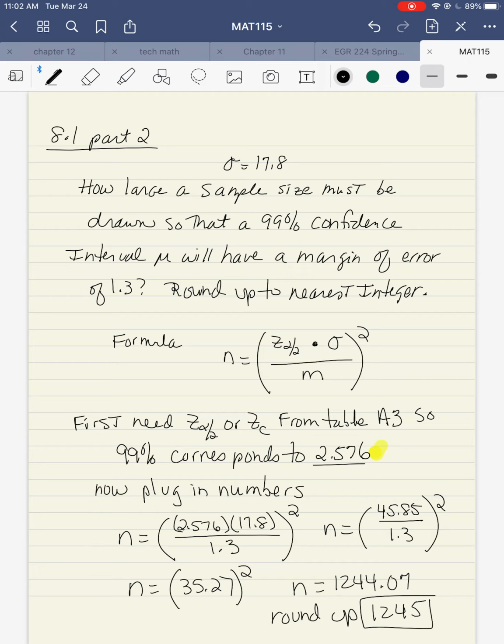When I do 45.85 divided by 1.3, I get 35.27. So I take 35.27, square it, and that comes to 1244.07. Even though this 0.07 in regular math would not round up, because I'm looking for a particular sample size, I do have to round it up. So I round it up to 1245.